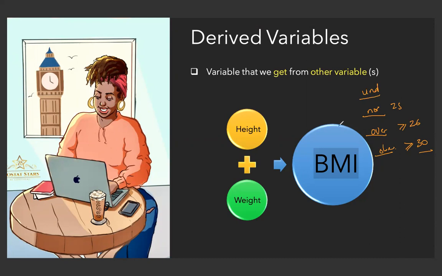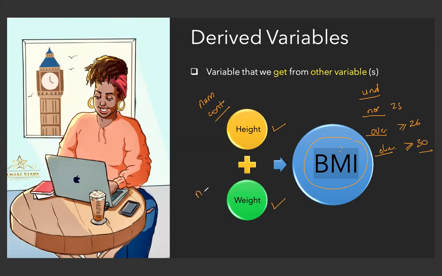So how do we get the BMI in the first place? The BMI is really calculated using someone's height and someone's weight. So we know that height by itself is a numerical variable, okay? More specifically, this is a continuous numerical variable. Now, what about weight?